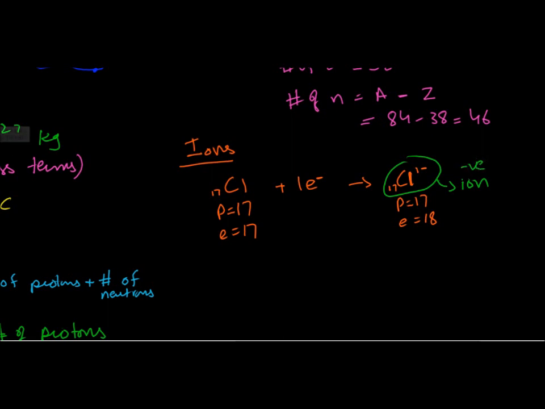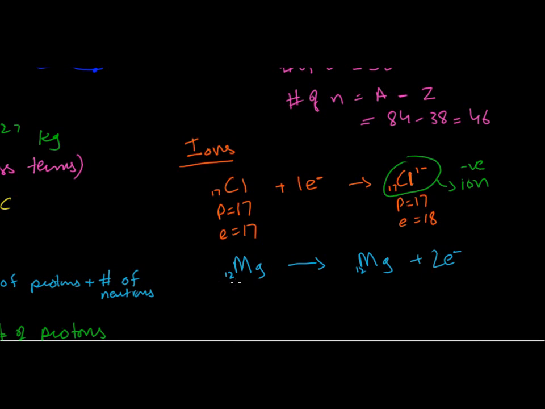Now other things can become positively charged. Let's say we have magnesium, whose atomic number is 12. What magnesium likes to do is lose electrons, and actually it likes to lose 2 electrons. Later on you will know why some things like chlorine like to accept electrons, and why some things like magnesium want to lose electrons. So magnesium here has lost 2 electrons.